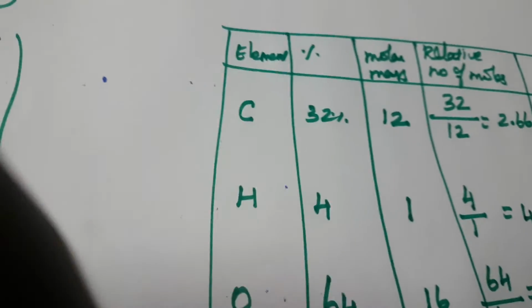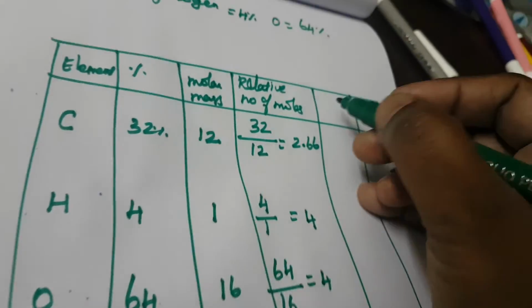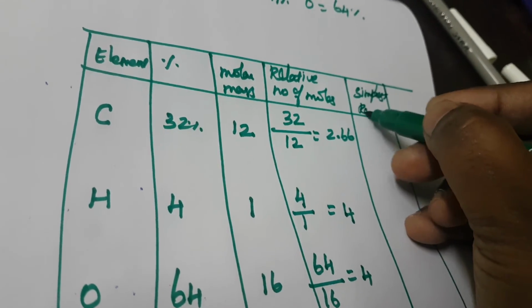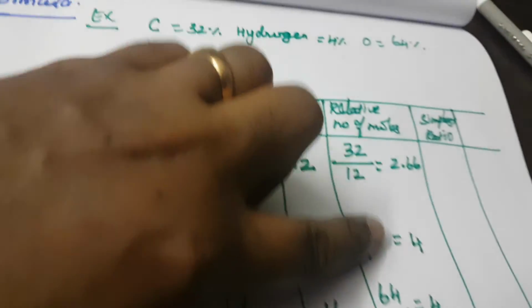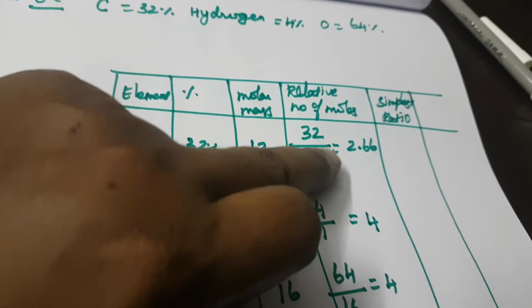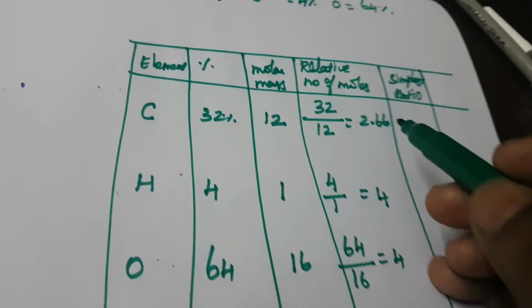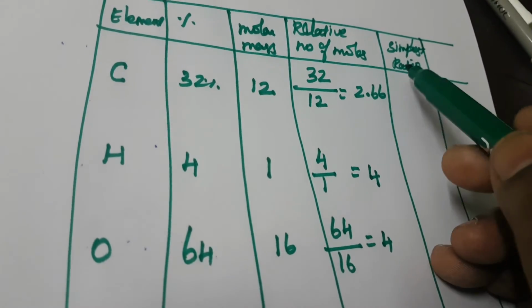Next we are going to see the simplest ratio. This one is converted into the simplest ratio. How to calculate it? Among these three values, which one is the least value? This is 4, this is 4, this is only 2.66. So using this, it is converted into the simplest ratio.